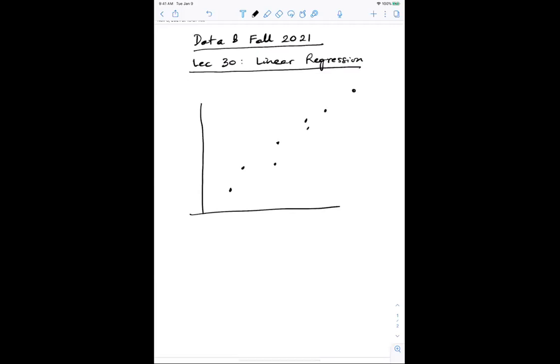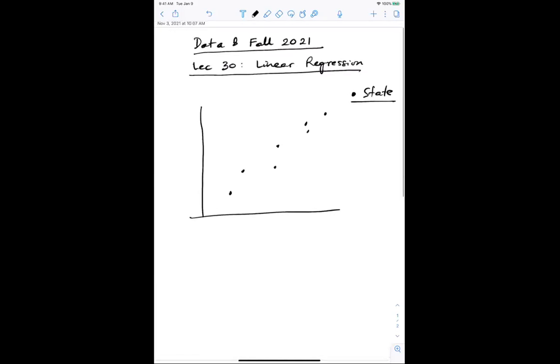Okay, so this is a state. And so you have critical reading and you have math. Now, states do not take the test. Who takes the test? Well, people take the test.